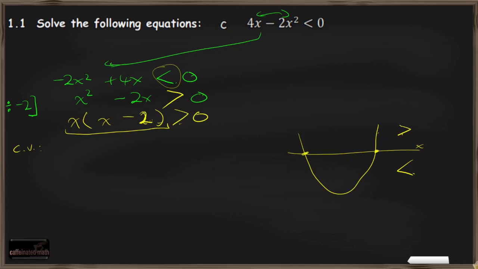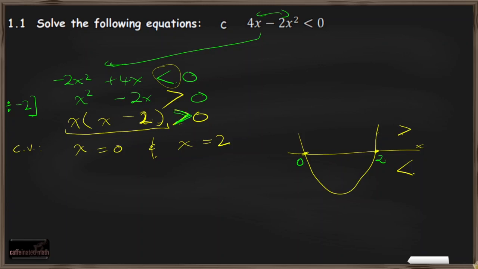As we can see over here, those critical values would be x being equal to 0 and x being equal to 2. So smallest value on the left 0 and largest value on the right. Now we can address this.